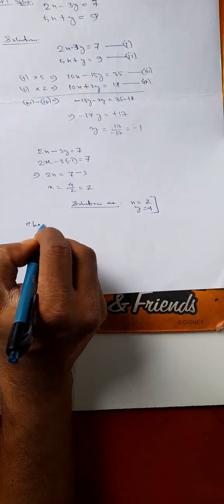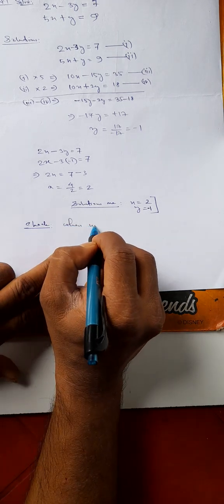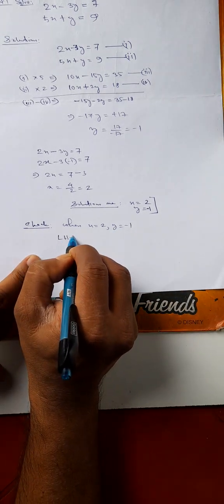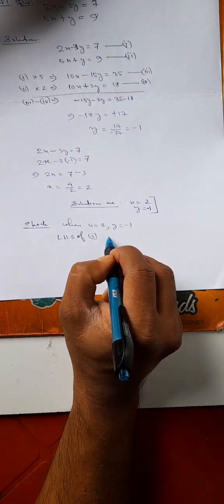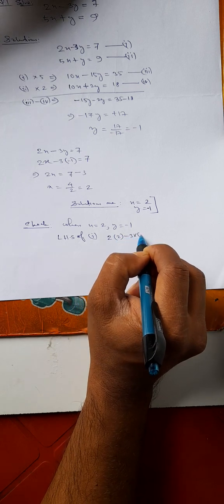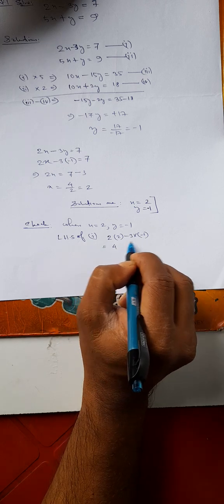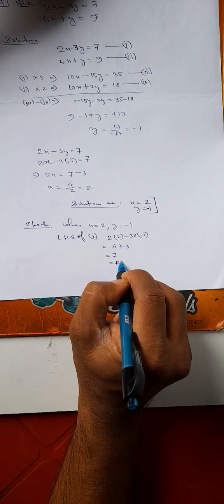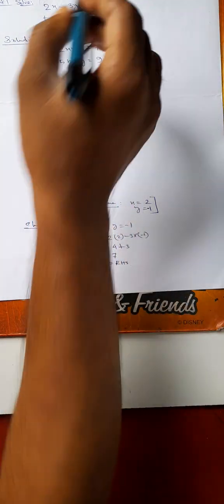Let's check this. When x equal to 2, y equal to minus 1, left hand side of equation 1, 2 into 2 minus 3 into minus 1. So it becomes 4 plus 3, this is 7. That means right hand side. So these values of x and y satisfy equation 1.